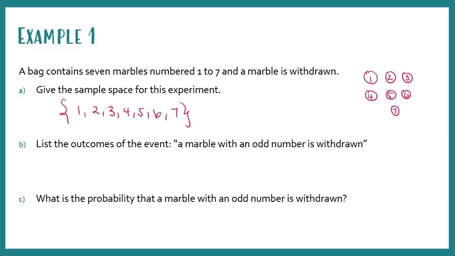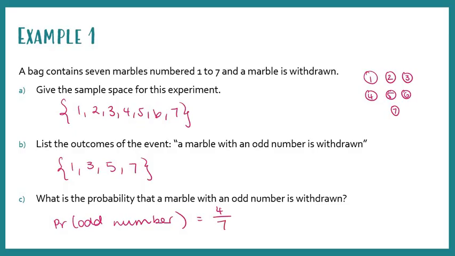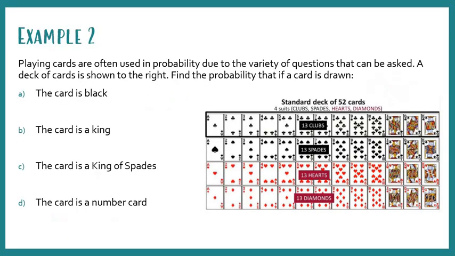Now, the outcomes of the event, an odd number is drawn, we once again use our set notation for that, and that's going to be 1, 3, 5, and 7. So if we want the probability of an odd number being drawn, that's going to be 4 over 7, because that's our number of favourable outcomes over the 7 possible outcomes.